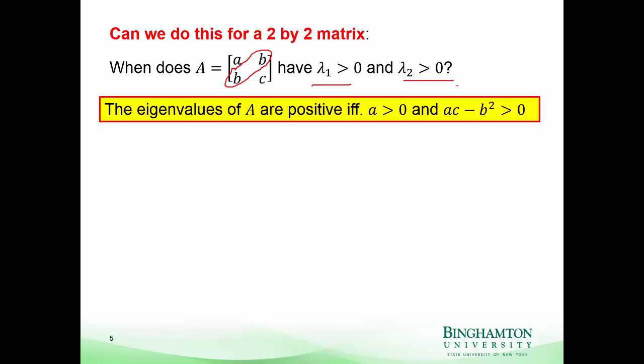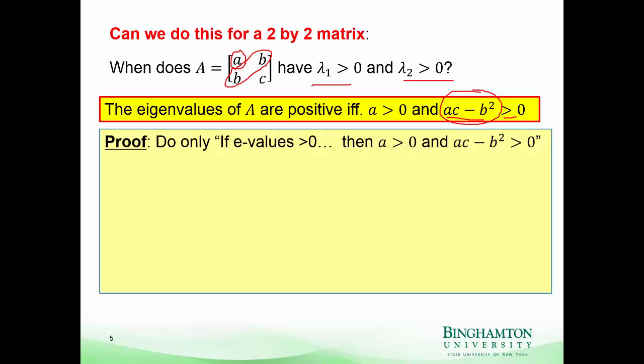And here's a statement. The eigenvalues of this A are positive if and only if A is greater than 0, so this upper left element has to be greater than 0, and AC minus B squared has to be greater than 0. Well, we've seen that before. That's the determinant. So basically we're saying the upper left corner element has to be positive and the determinant has to be positive.